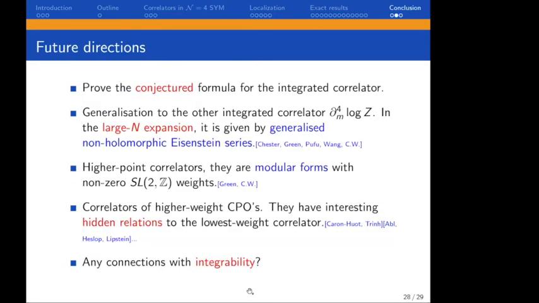So maybe some future directions. This formula was guessed or conjectured by studying a huge number of examples and finding the pattern.